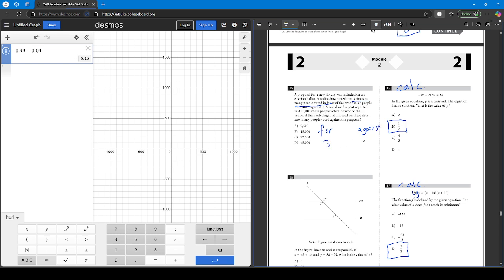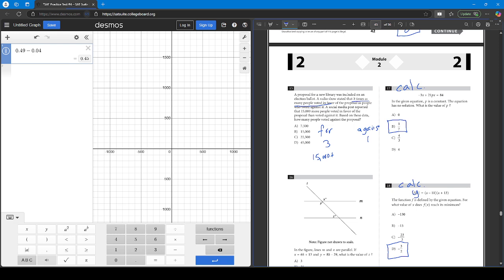So it's 3 to 1. More people voted for it. 15,000 more people voted for it than against it. So we want to find how many people voted against it.